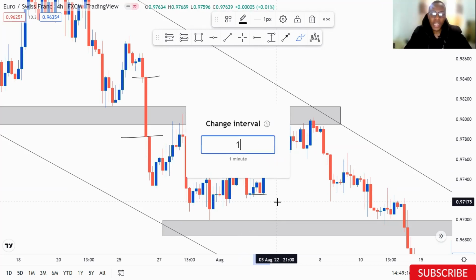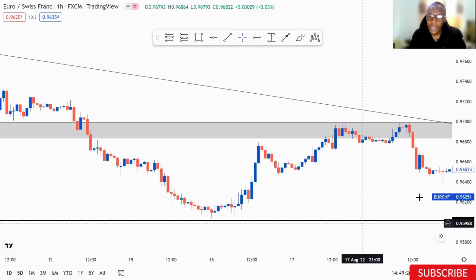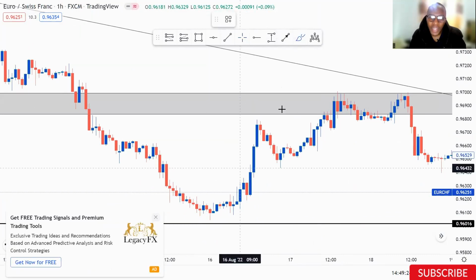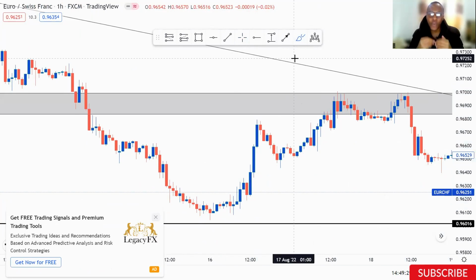When it comes to a 1 hour time frame, we're going to take any candle. Each and every candle that you see here takes an hour from when it opens until it closes.